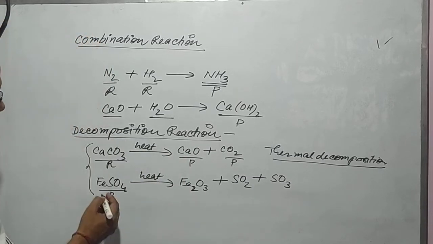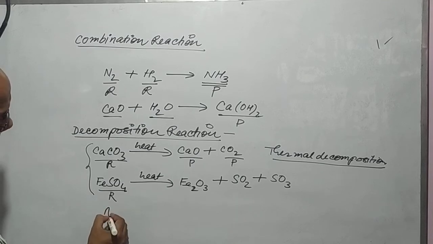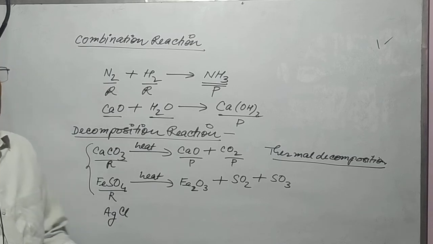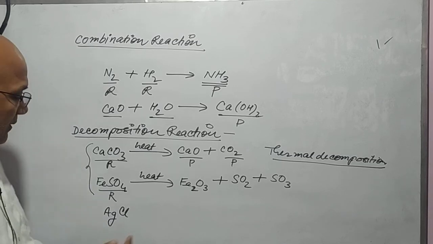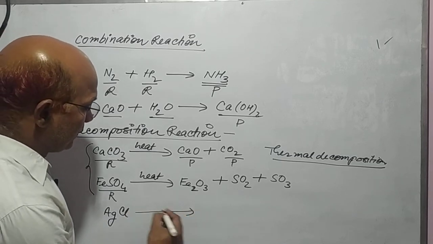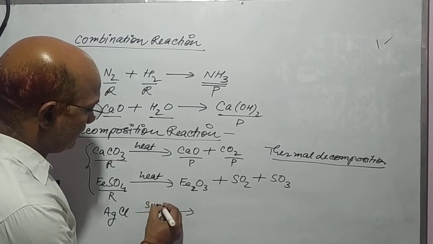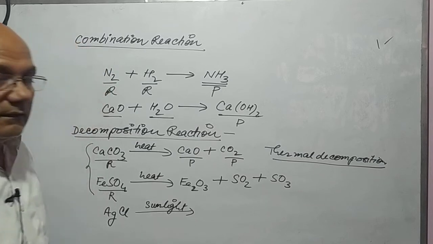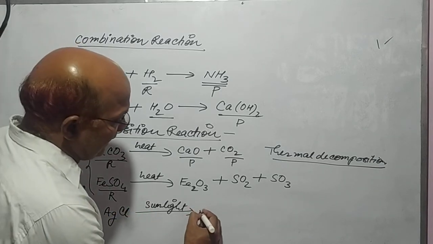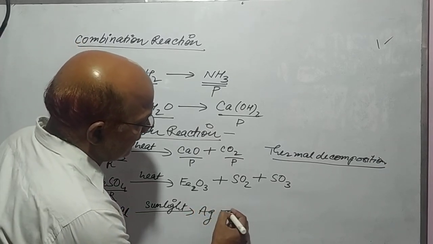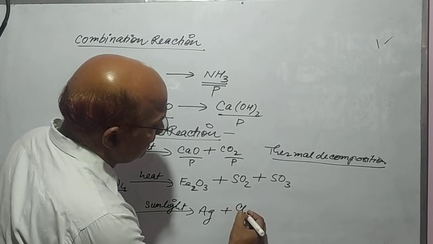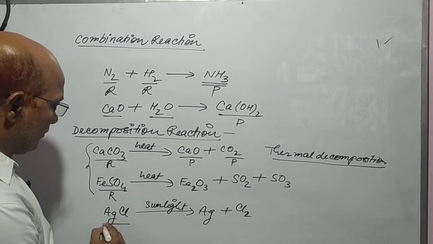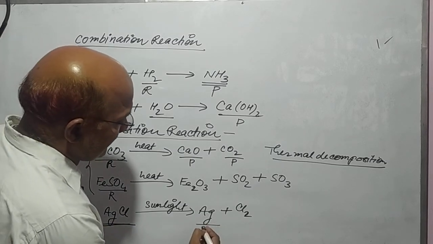And we can take one more example. Silver chloride, it is a white color salt, and when it is exposed to sunlight, then it breaks into silver, Ag, plus Cl2. Okay, it is a white color salt and it turns gray.